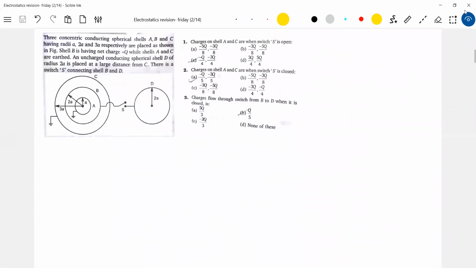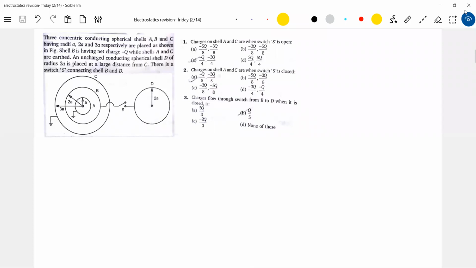Okay, one more I have. Read the question, this one. A little bit lengthy, okay, we'll work this out. Similar idea, the same idea.